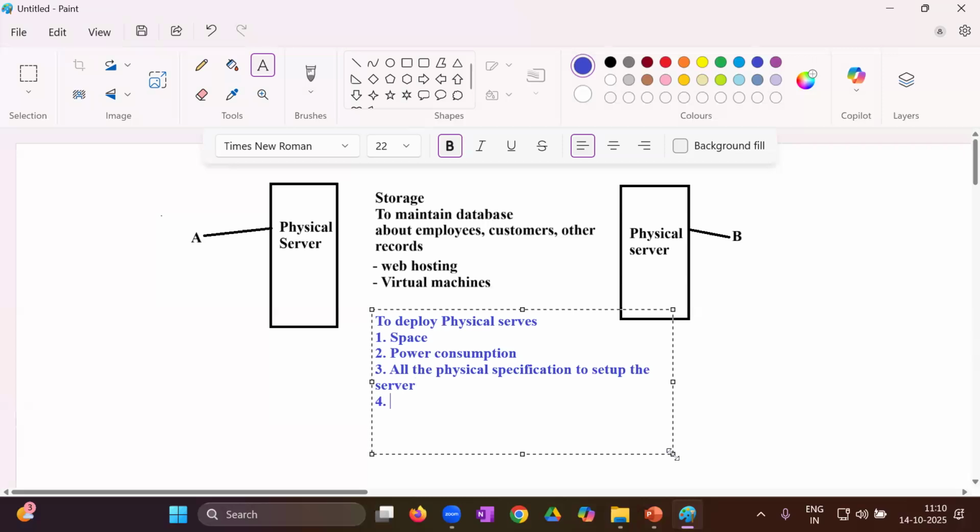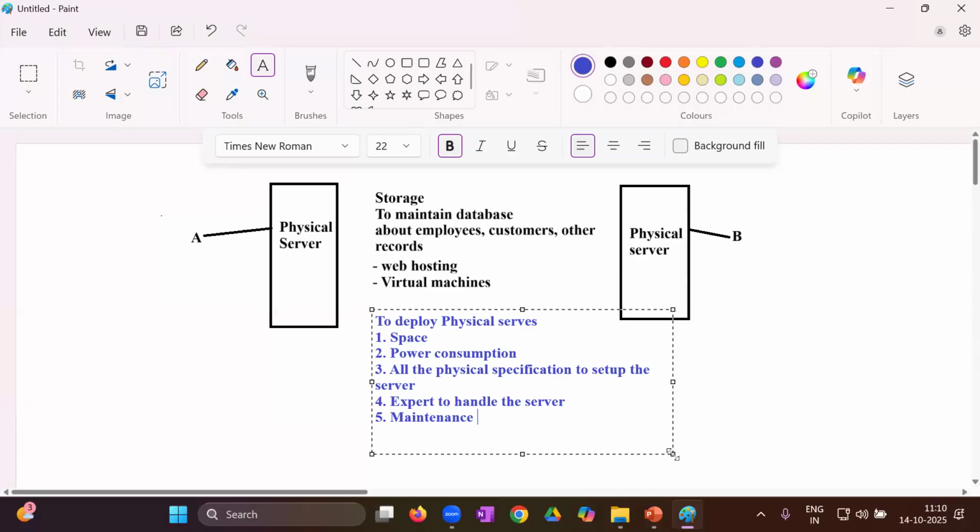Then we require one expert to handle the server. Then what it requires? Maintenance. All these things are required, right?